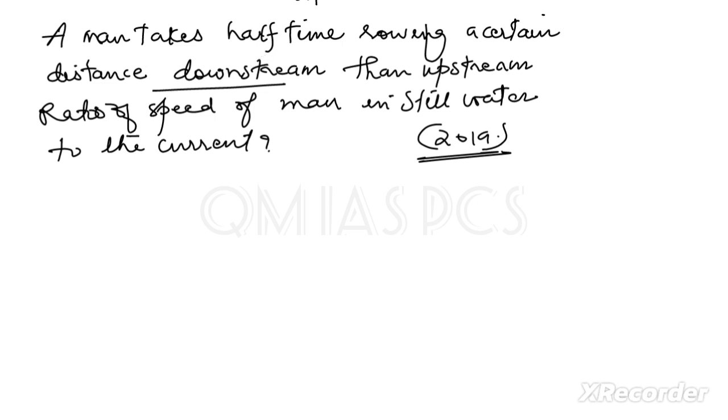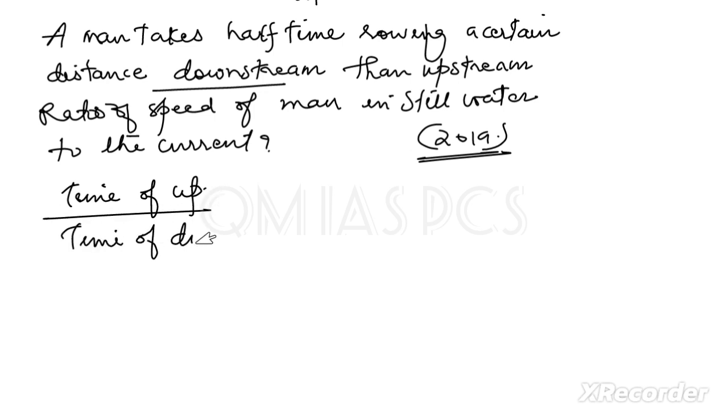So if I say time of up divided by time of down, if the up time is 2, the down time will be half of that, which is 1, so we can say it will be 2 by 1.